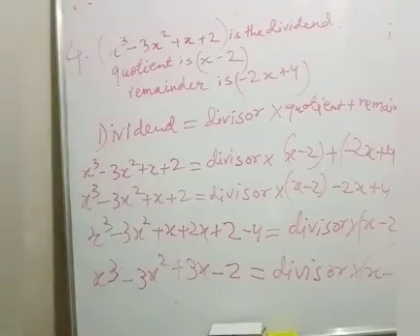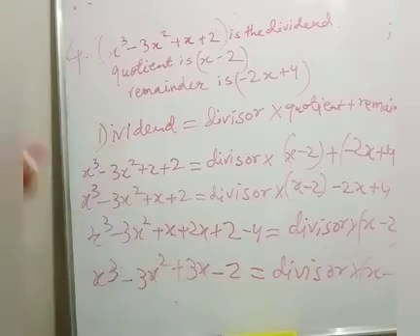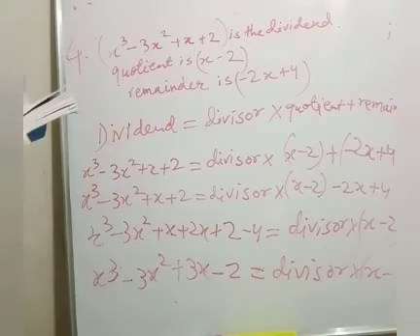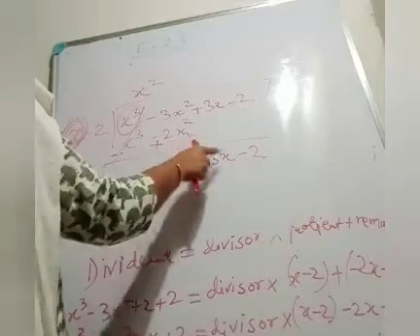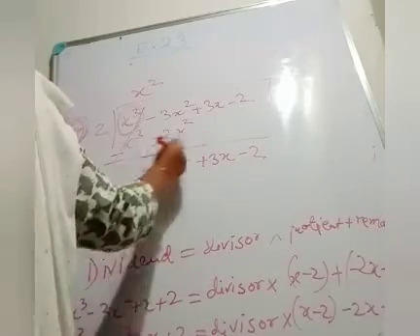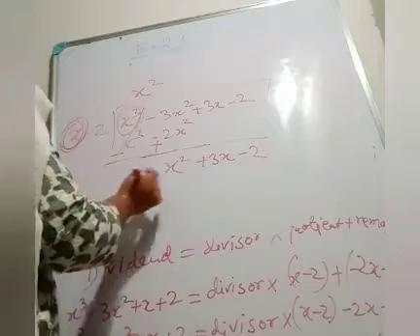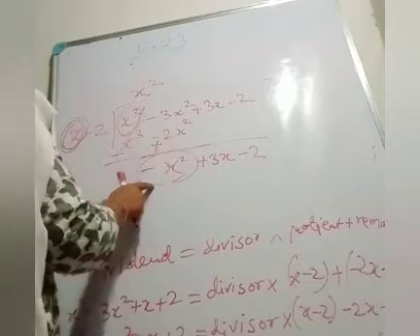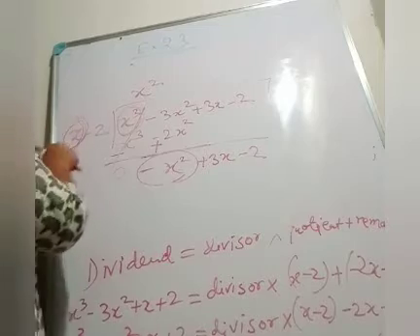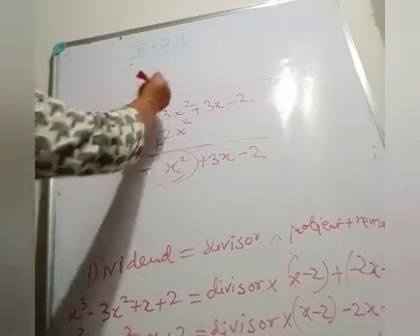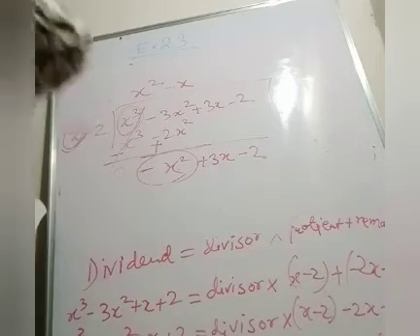Okay students, so let's start dividing. Now the remainder is minus x square plus 3x minus 2. So to get the new quotient, divide minus x square by x, the first term of the divisor, and we will get minus x as the quotient.